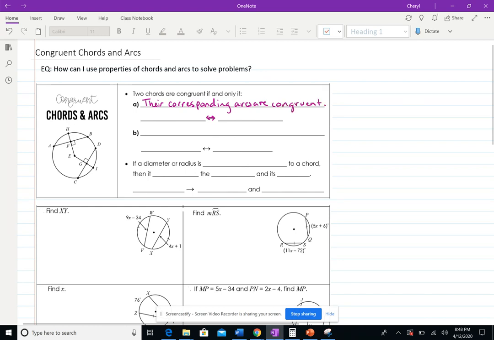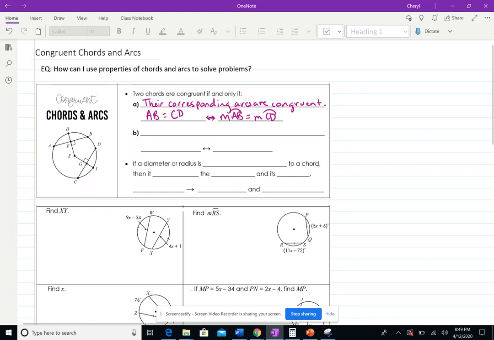So here we have arc AB congruent to arc CD, and that makes chord AB congruent to chord CD. So let's go ahead and write that down. Chord AB is equal to chord CD, and the measure of arc AB is equal to the measure of arc CD. Okay, so that's the first property.